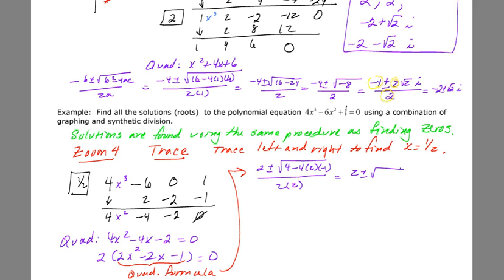Under the radical, we'll get 12. And that radical reduces to a 2 square root of 3, and that whole quantity is divisible by 2, which gives me a reduced result of 1 plus or minus the square root of 3. You got to have that 1 there to hold its place. It's like 2 divided by 2 and 2 divided by 2. This 1 is necessary. The 1 in front of the radical isn't.